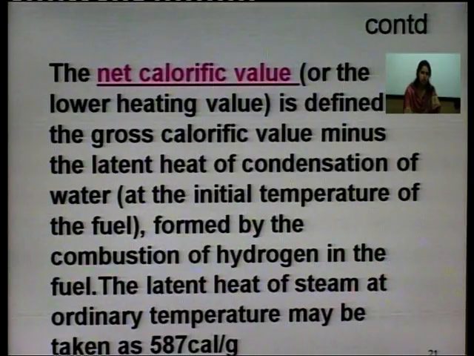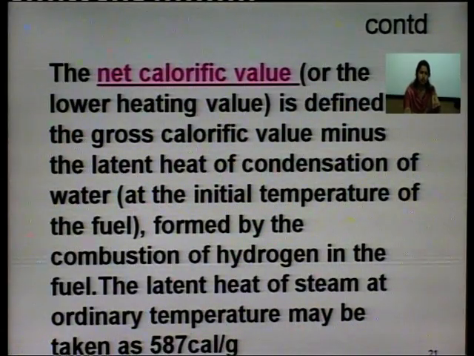Therefore, the gross calorific value is also called the higher calorific value, while the net calorific value is called the lower heating value. Net calorific value is defined as the gross calorific value minus the latent heat of condensation of water vapors, formed by the combustion of hydrogen in the fuel, at the initial temperature of the fuel.